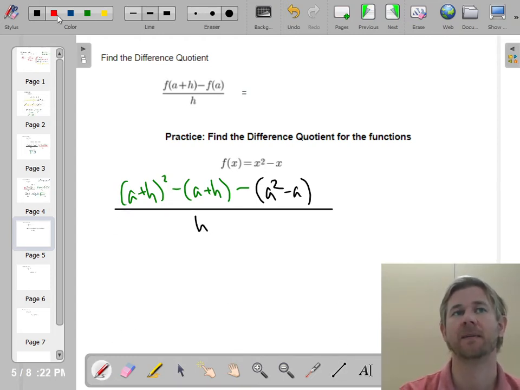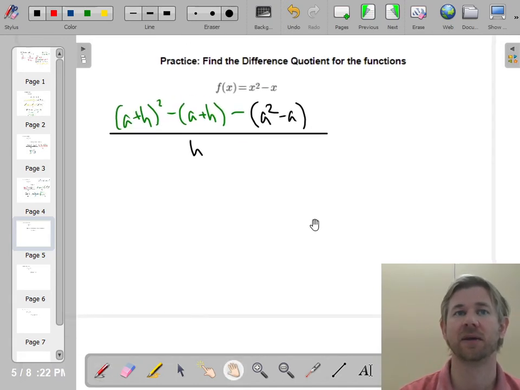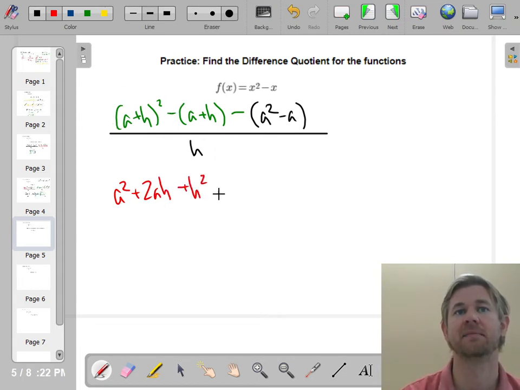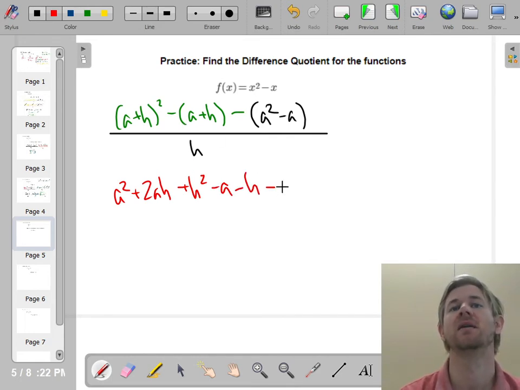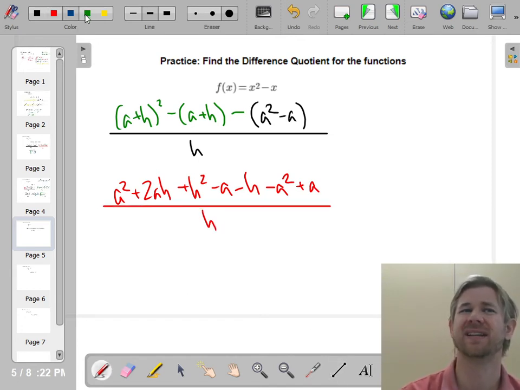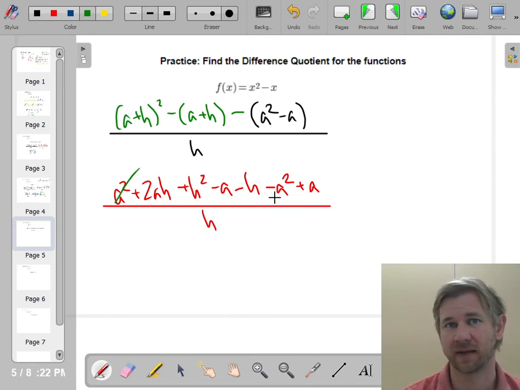So let's expand. I've done this a couple times now, so I'm not going to do it again. A squared plus 2ah plus h squared. That's the first thing expanded. Then it'll be minus a minus h. Minus a minus h. Then it'll be minus a squared plus a all over h. You should notice that a lot of stuff cancels out. A squared, a. Cool.